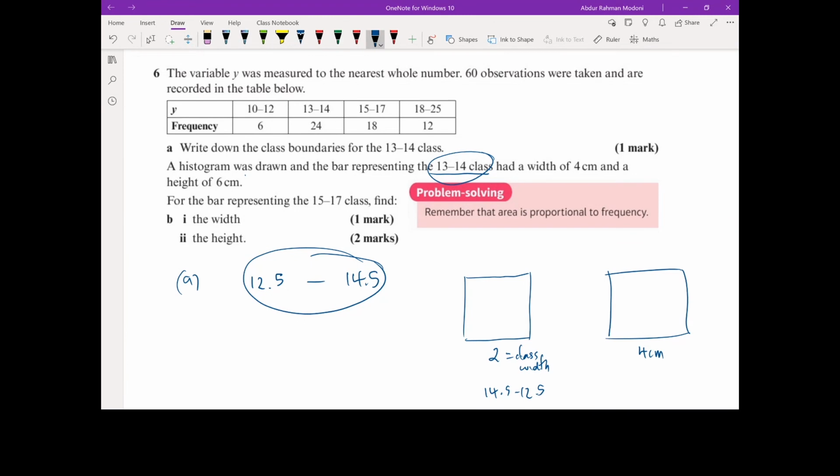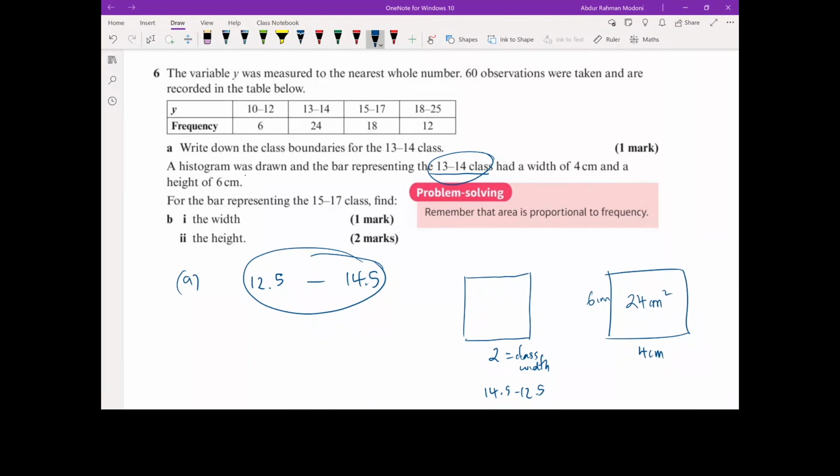Now, this bar also has a height of 6 centimeters that they told us. So I'm going to put that down in the second bar. They're both the same bar, but I'm representing it in slightly different ways. So the area of this bar, 4 times 6, gives us 24 centimeters squared.